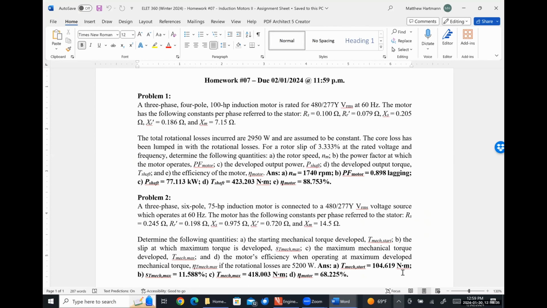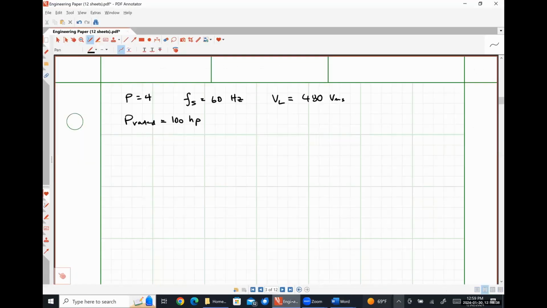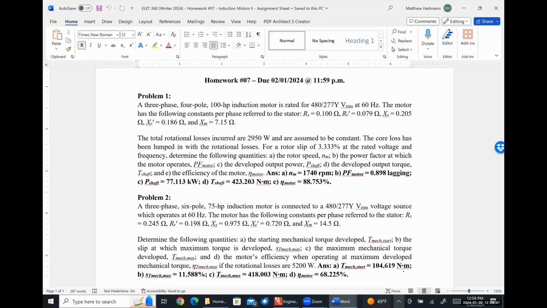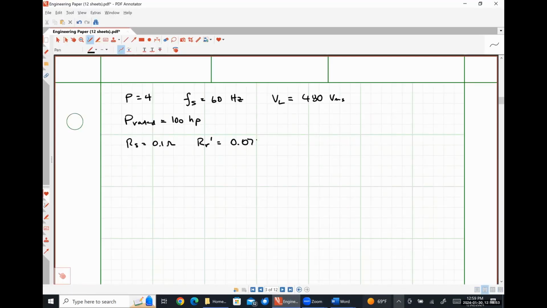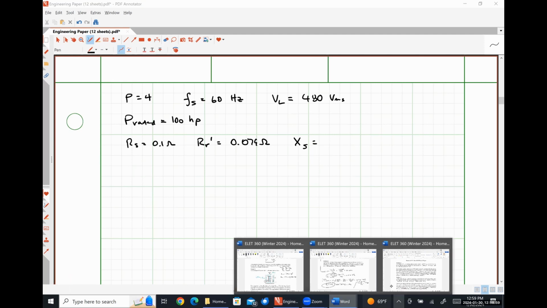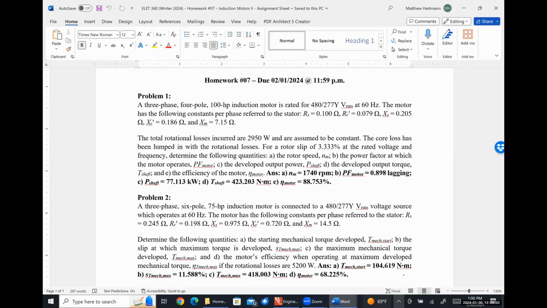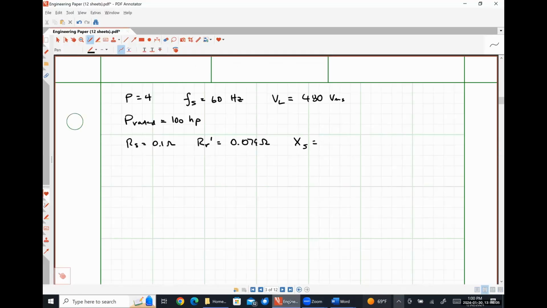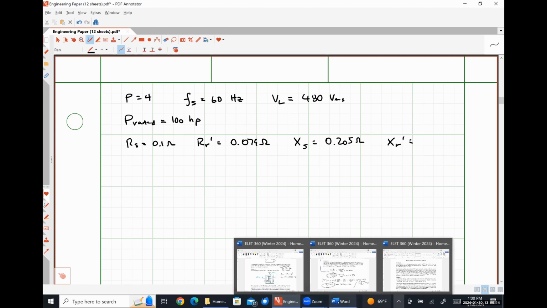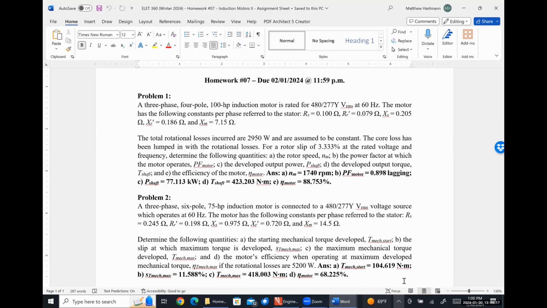And then we have these constants. RS is 0.1 ohms. RR prime is 0.079 ohms. XS is 0.205 ohms. XR prime is 0.186 ohms.